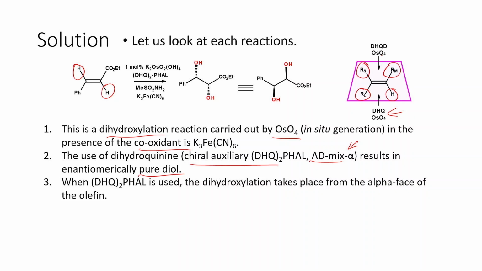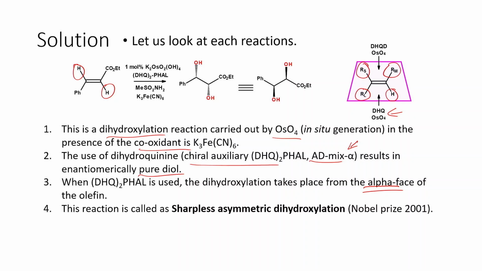So here the reaction takes place from the alpha face because we are using DHQ as the ligand, and then when we draw the molecule according to the structure given on the right hand side, we end up with an alpha face, that is from the bottom face of this alkene, this alpha beta unsaturated ester is drawn, and the product is formed as shown here, which can be translated into the product that is shown here.